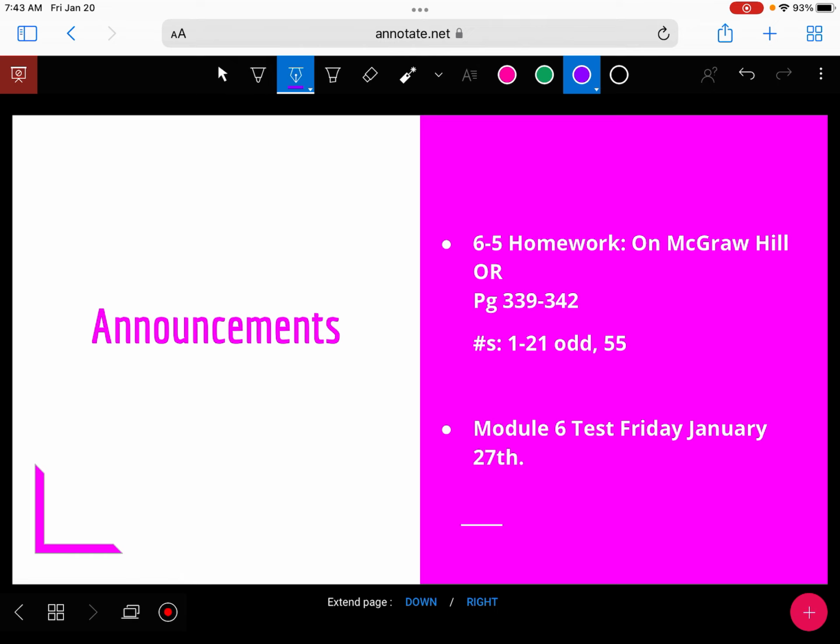So if you guys have questions on stuff, like I know 6-4's homework has been kind of kicking some booty because the book didn't do things super great and then expected you to do those questions without having actually done a graph. So if you have questions, now is an excellent time to work on that.